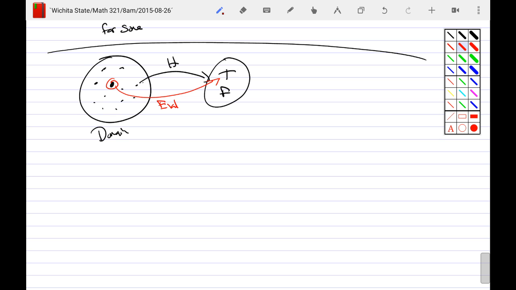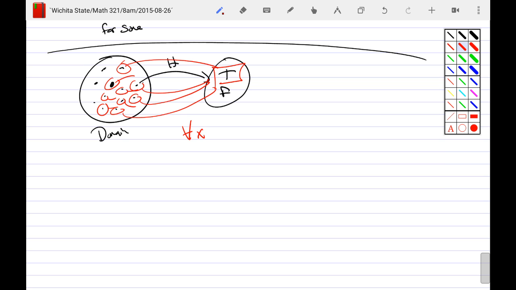That is evaluation, right? On the other hand, universal says, does everyone, if I did evaluate them, all go to the same value? Right? All. So universal x, H of x, means all go to true.